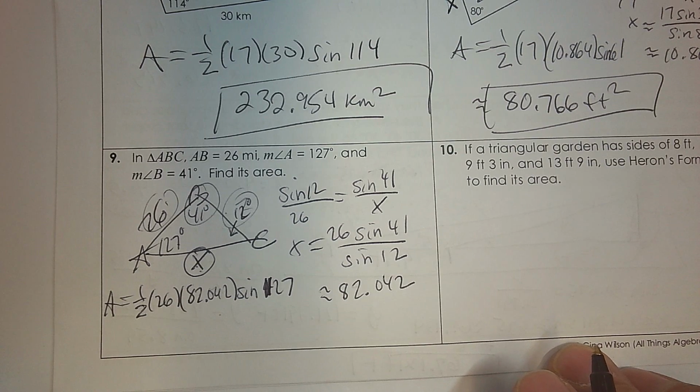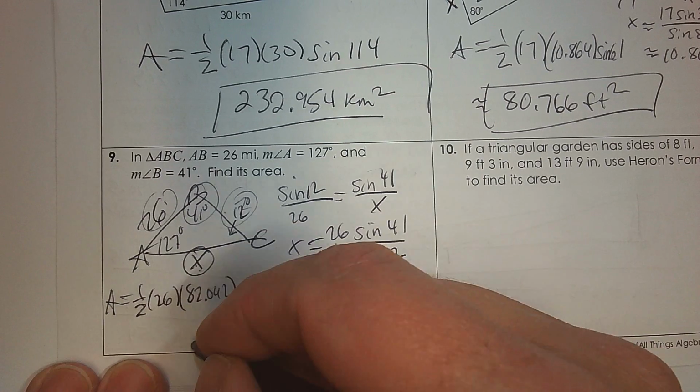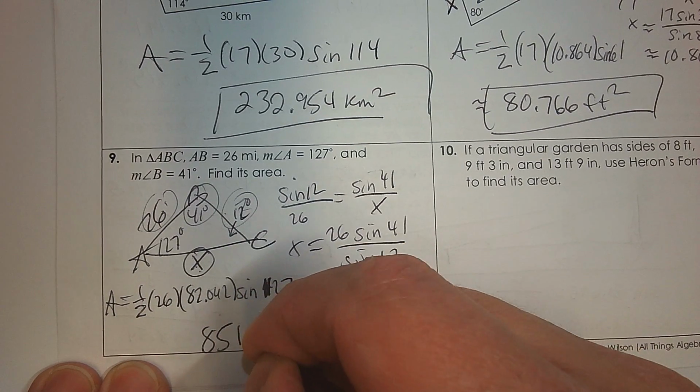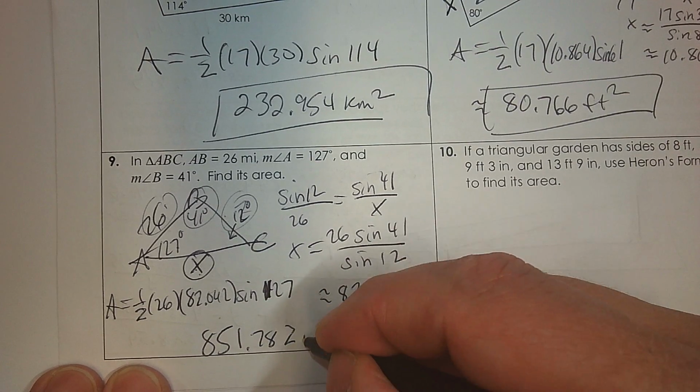So 1/2 times 26 times 82.042 times the sine of 127. And I get 851.782, and this is going to be miles squared.